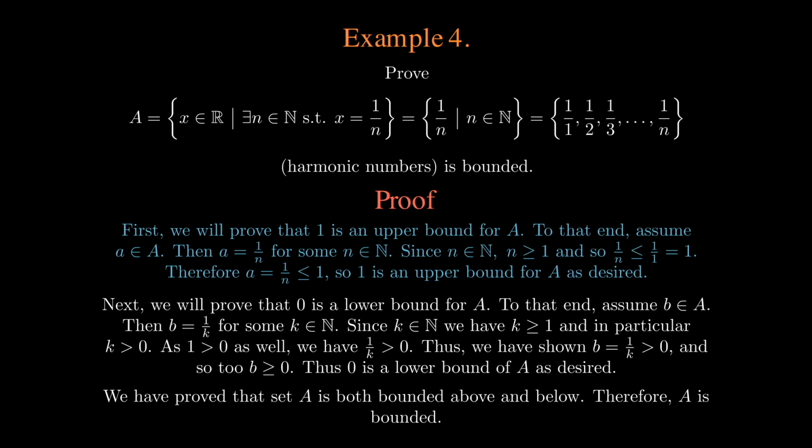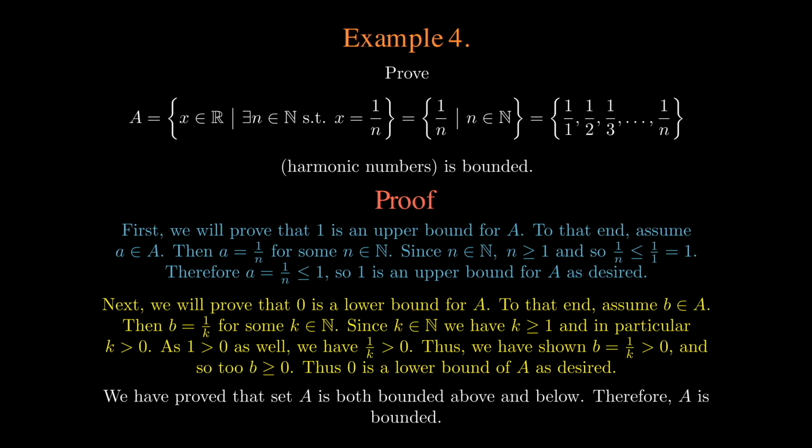Now we will show that the harmonic numbers are bounded below by 0. We pick another arbitrary element within A, call it b. Once more, we define b as 1 over k, and notice that since natural numbers are greater than or equal to 1, they are also greater than 0.